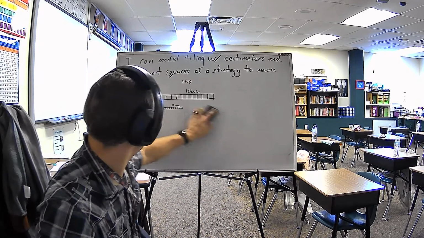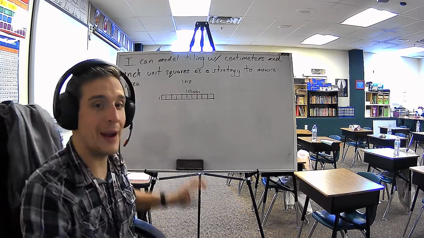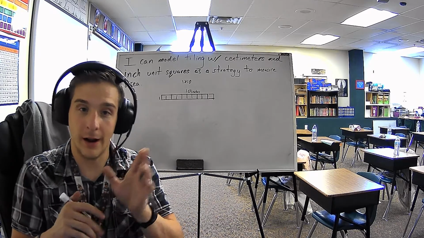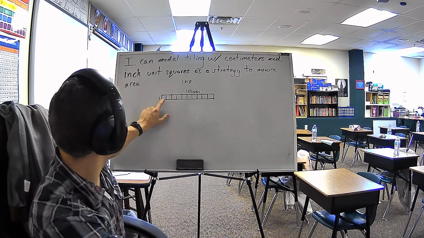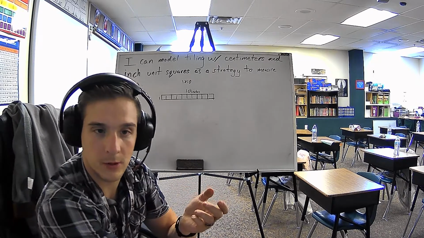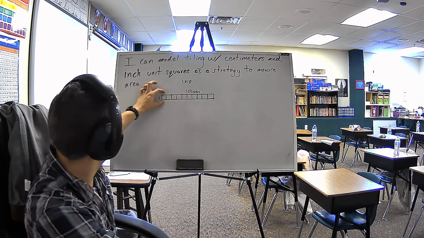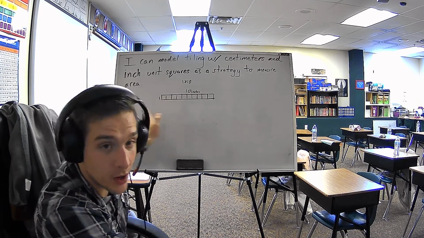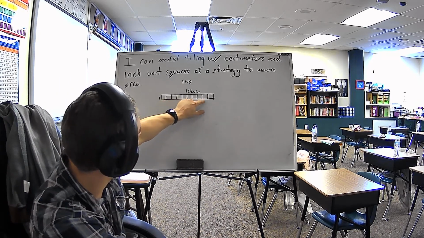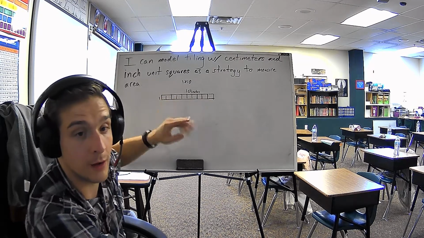So I'm going to stick with this 1 by 10 area. And remember, area is how many squares, since we're talking about square units. So how many of these square units does it take to cover this entire thing? We already found that out. There's 1, 2, 3, 4, 5, 6, 7, 8, 9, 10, or one group of 10.